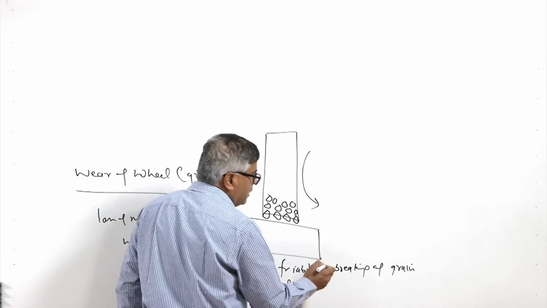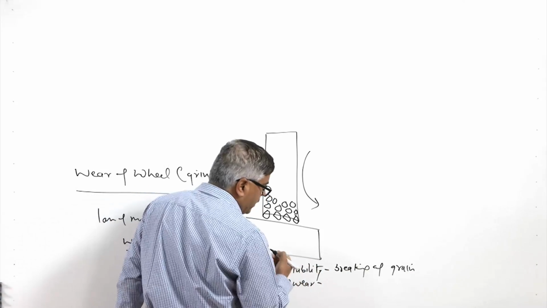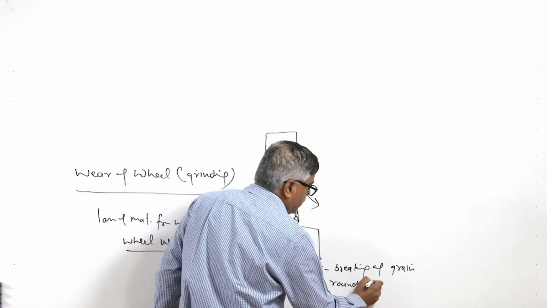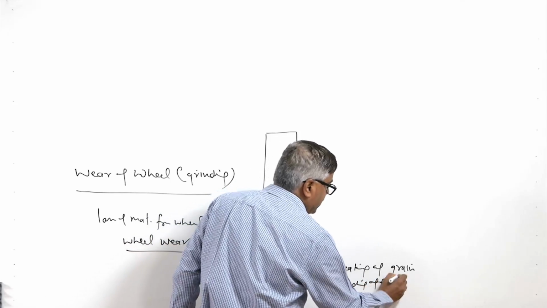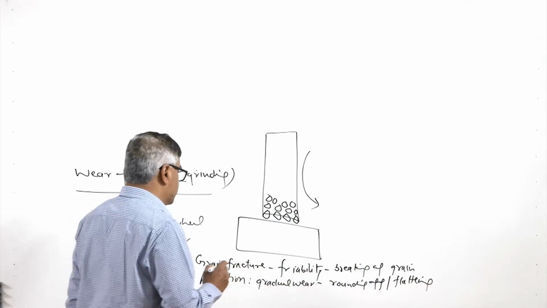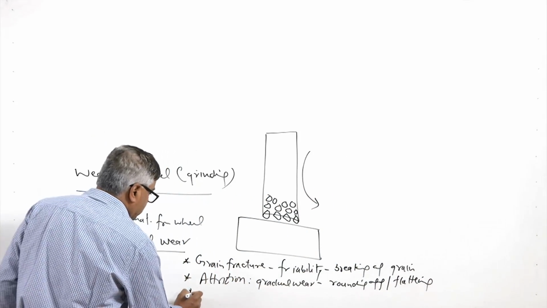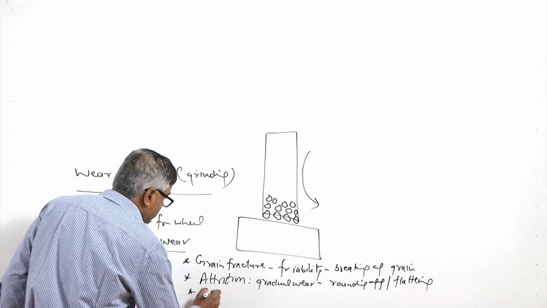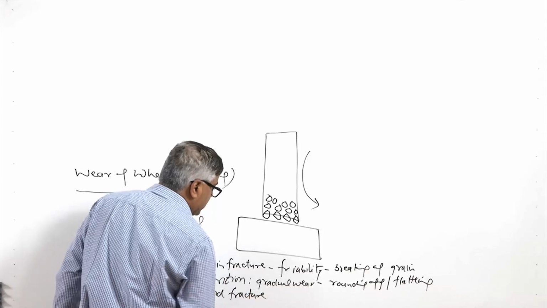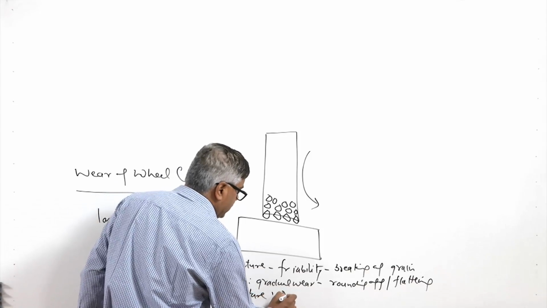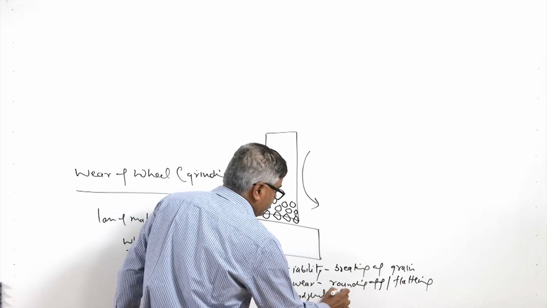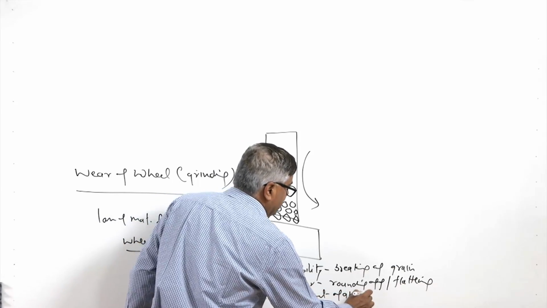During this gradual wear, rounding off of the abrasive grains and flattening takes place, so their cuttability is reduced. And the third one is bond fracture, in which basically the dislodgement of the abrasives from the wheel takes place.